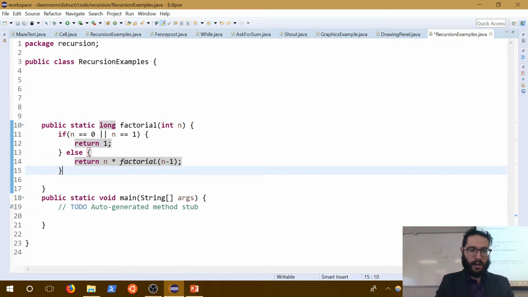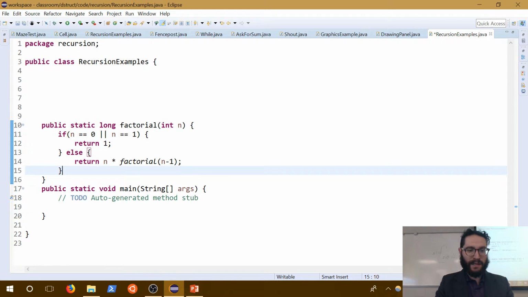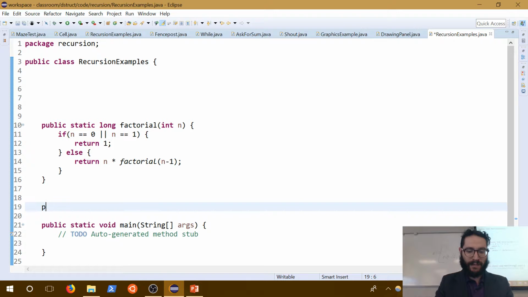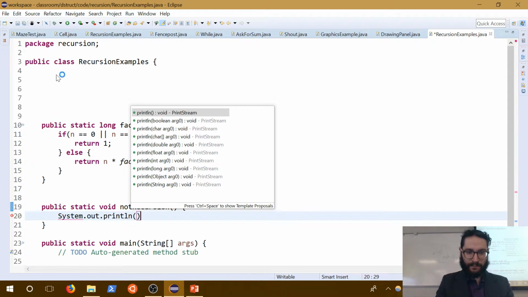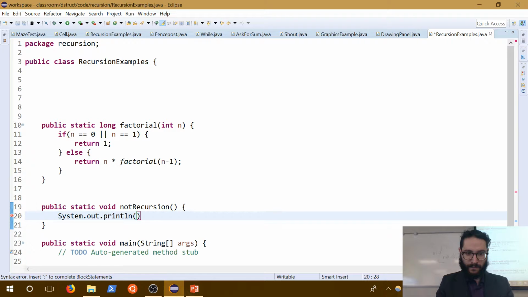It's important to note that just because a function calls itself doesn't mean it's recursive. Public static void notRecursion, System.out.println. This is not recursion, right?